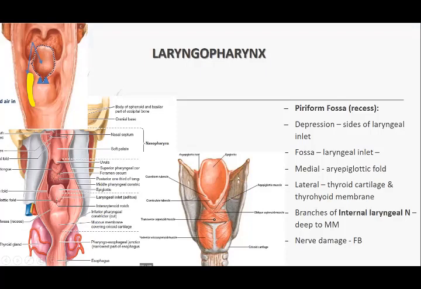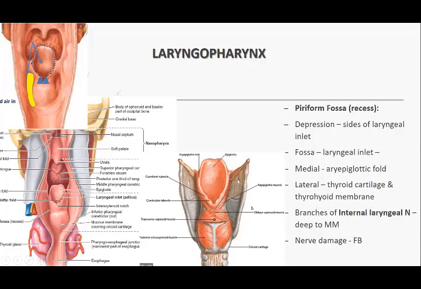So if a foreign body gets lodged in this fossa, and if that foreign body happens to be pointed, like a chicken bone or fish bone in children, as mentioned in your book, then that pointed end of the bone may pass through this membrane or cartilage.